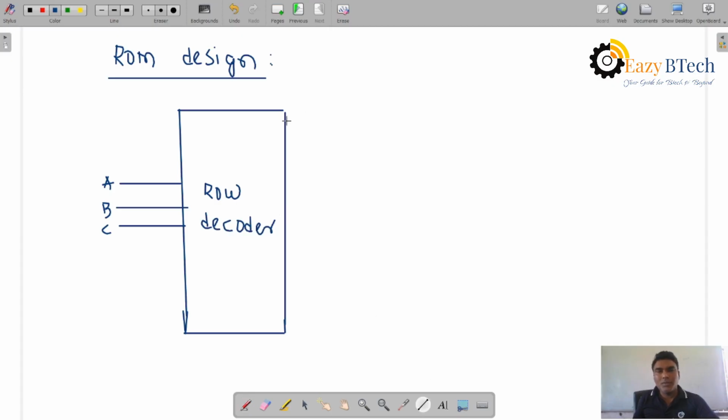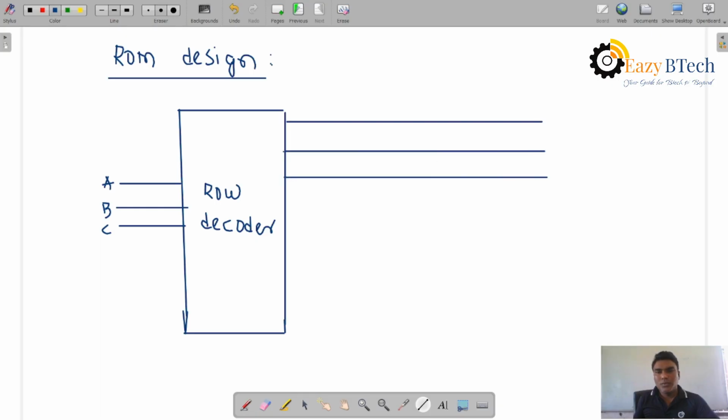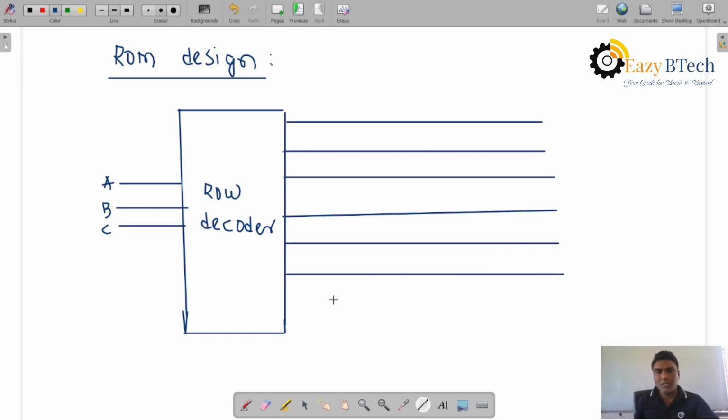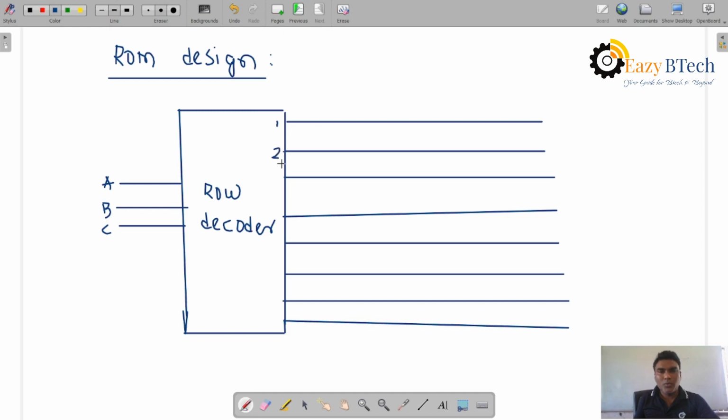Let us see this one. The outputs are 1, 2, 3, 4, 5, 6, 7, and 8.